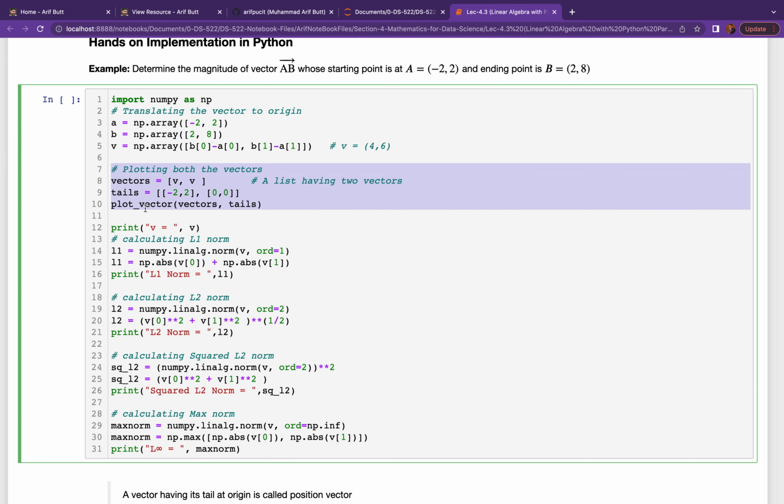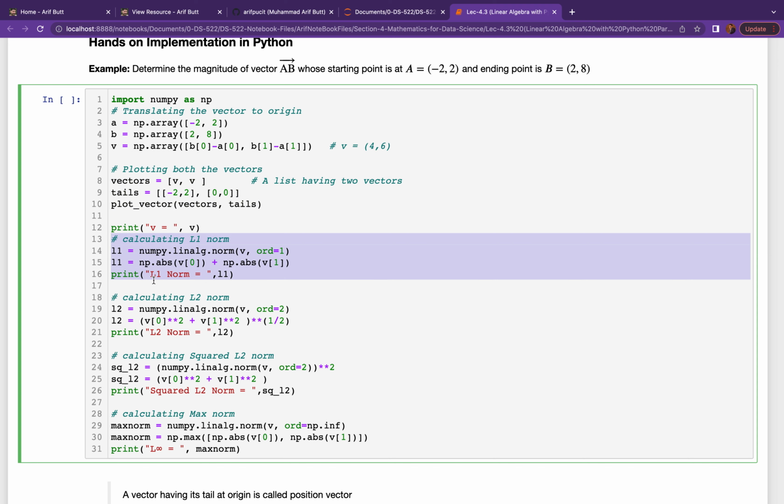Over here I am actually using the plot vector function to plot the vector, and then over here I am calculating the L1 norm first. To calculate the L1 norm, you can use this norm method of the linear algebra module of numpy and pass it the vector v, and the second argument ord equals 1 means that we need to calculate the L1 norm.